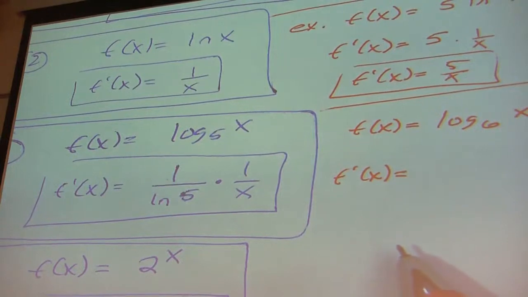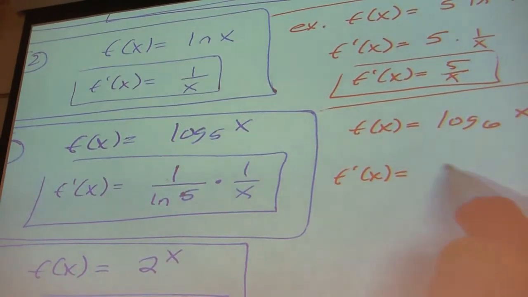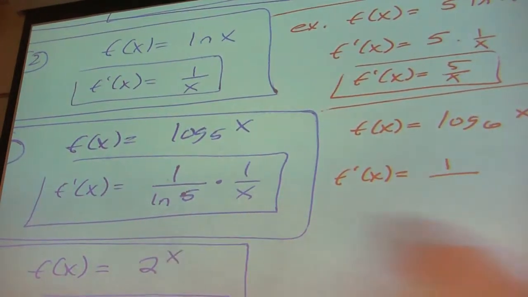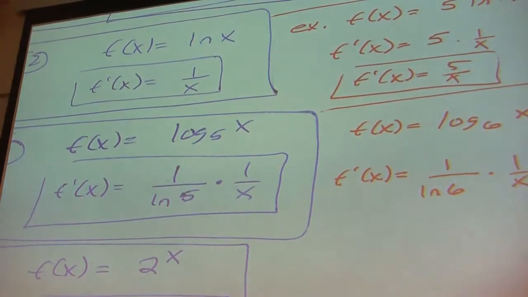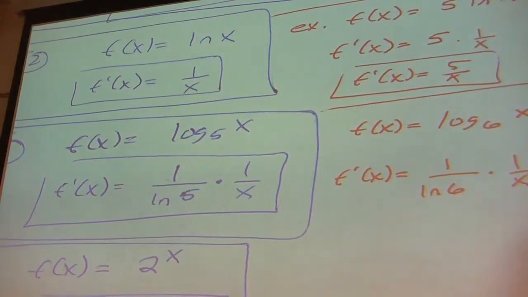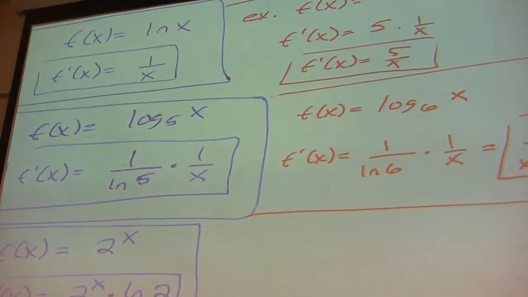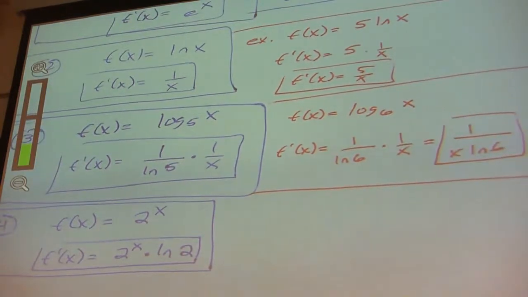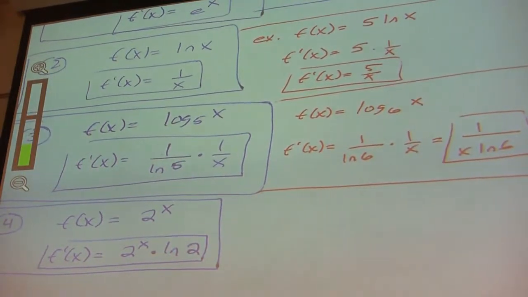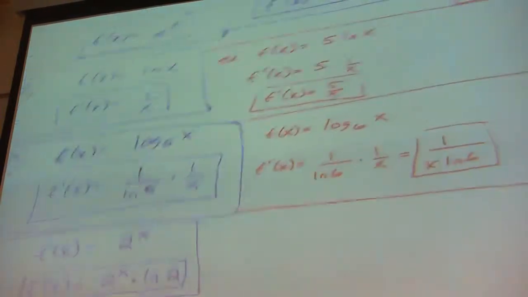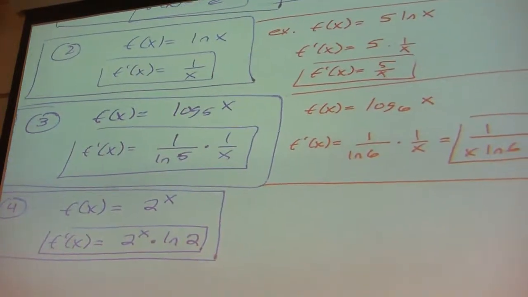Follow the formula. 1 over ln of 6 times 1 over x. So I'd probably write 1 over x ln of 6. Again, for all the special cases, we talked about where they came from. You have a format, follow the format for the derivatives.